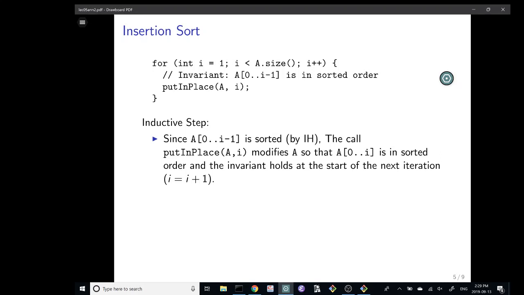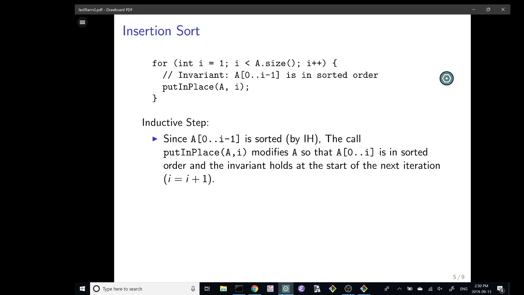So in this case, when we make the call to put in place, we know that the first I elements are in sorted order. We're picking up the I plus first, which is cleverly called index I, because C indexes from 0. And we're saying, put it in the right place. And by the proof that we did for, well, did we do that? Did we prove that put in place works?